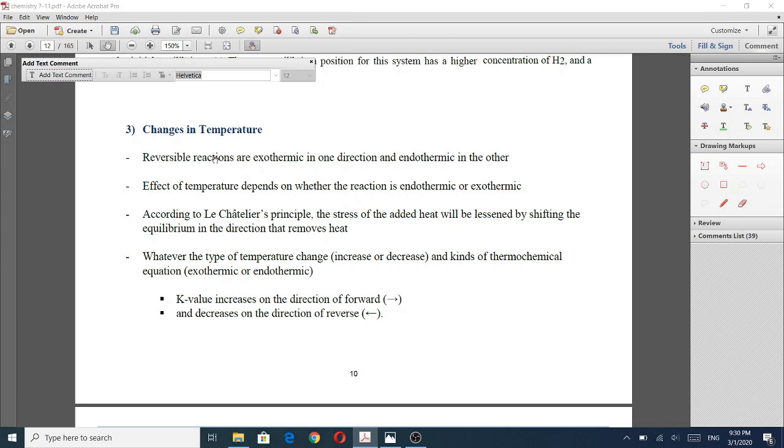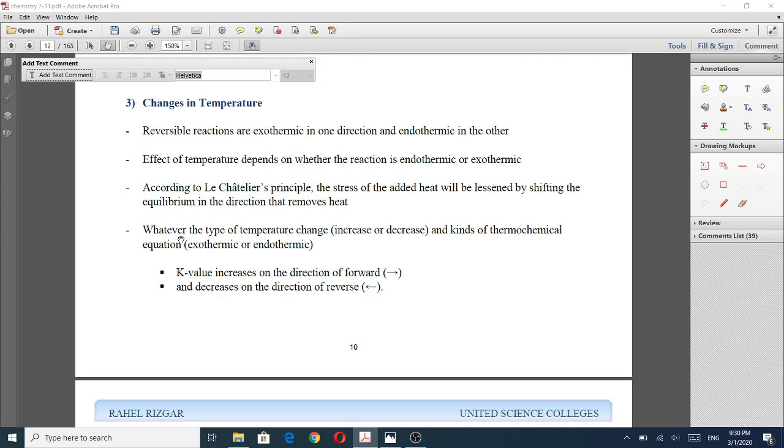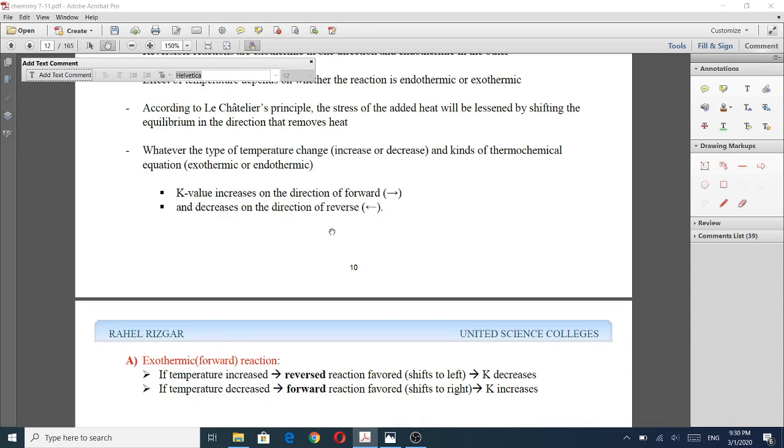And the effect of temperature cannot be directly explained. It has to be known whether the reaction is endothermic or exothermic. According to Le Chatelier's principle, the stress of the added heat will be lessened by shifting the equilibrium in the direction that removes heat. We'll get into that later in a minute. What do you mean by that point?